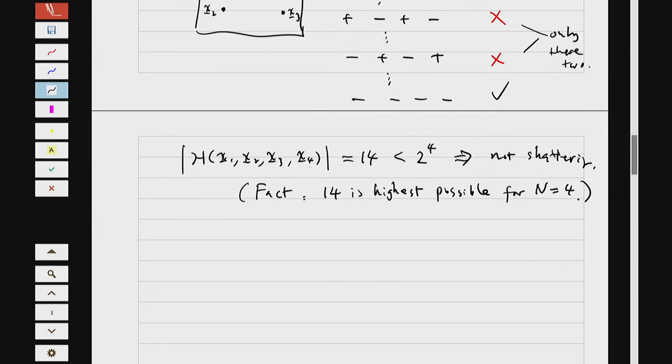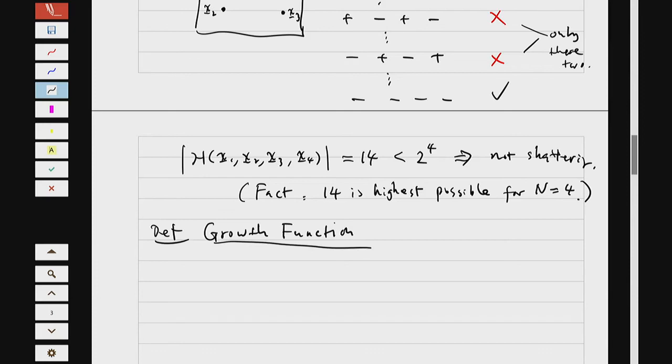So therefore, this so-called effective number of hypotheses that we're looking for depends on the data set that we have. It is no longer just something that's separate from the definition of the data points. So we're going to call this the growth function, if we ignore the impact of the locations.